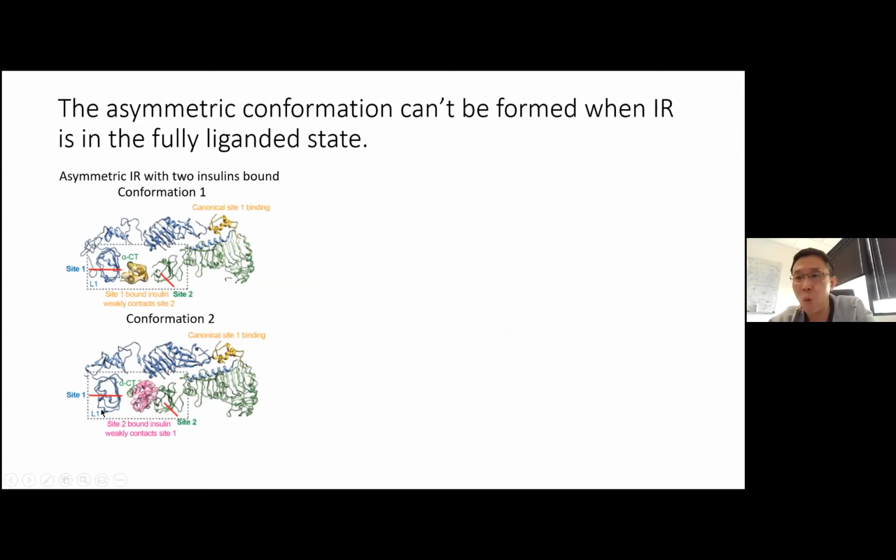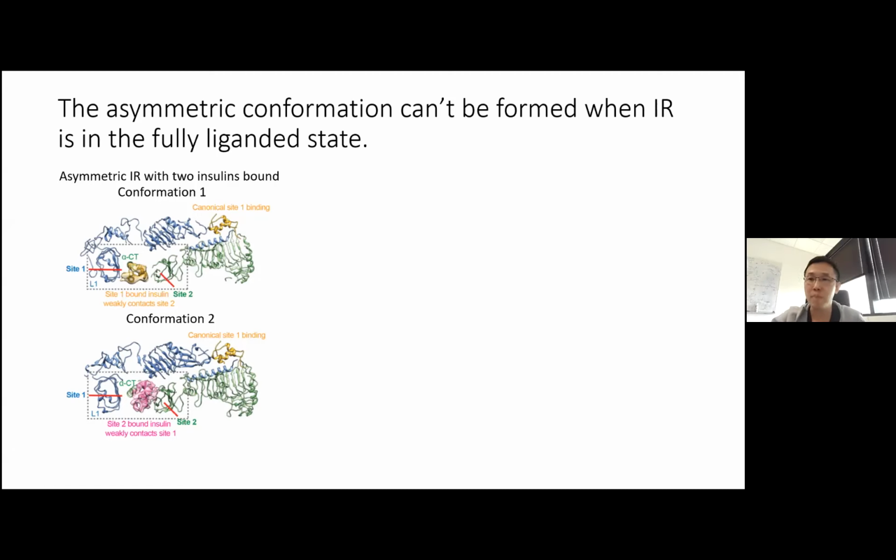You may ask, in principle, shouldn't another insulin be able to bind here, because there are two sites? In principle, one insulin could squeeze in here, and two insulin could bind site 1 and site 2 at the same time, because there are two binding sites available, right?